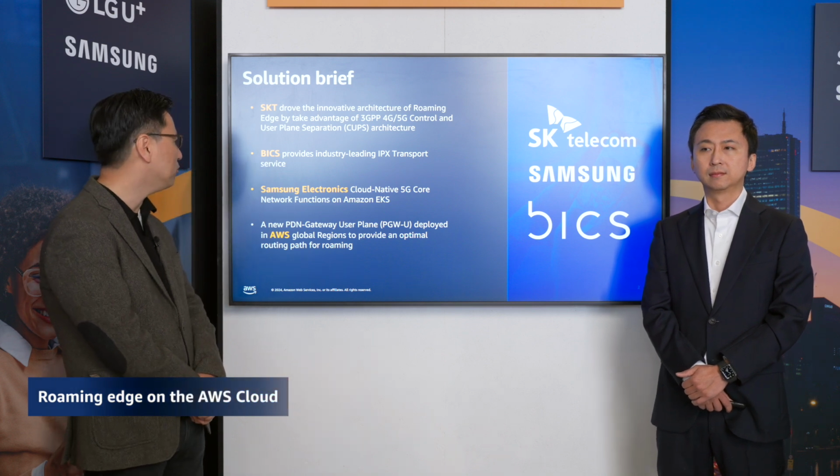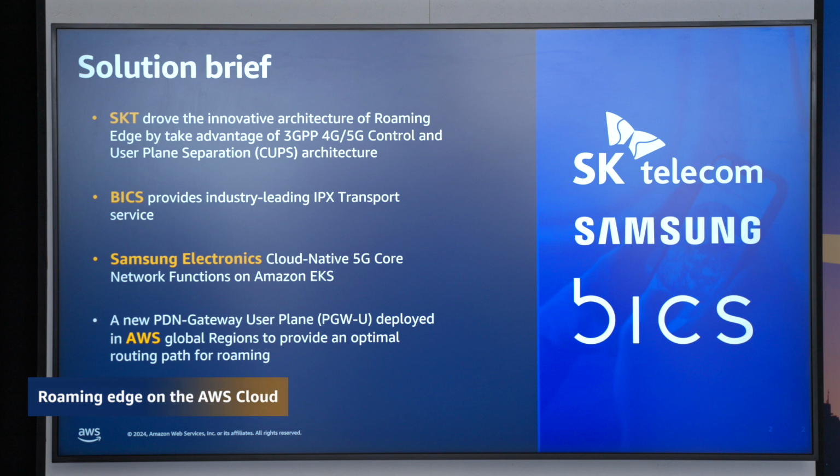Hello everybody, I'm Do-Hyun Park, who is leading telco network business in AWS for telecom sectors. So we are here to introduce what we did with SK Telecom, BICS and Samsung Electronics on our AWS infrastructure. SK drove this architecture using their commercial infrastructure to verify and demonstrate the benefit of this use case.